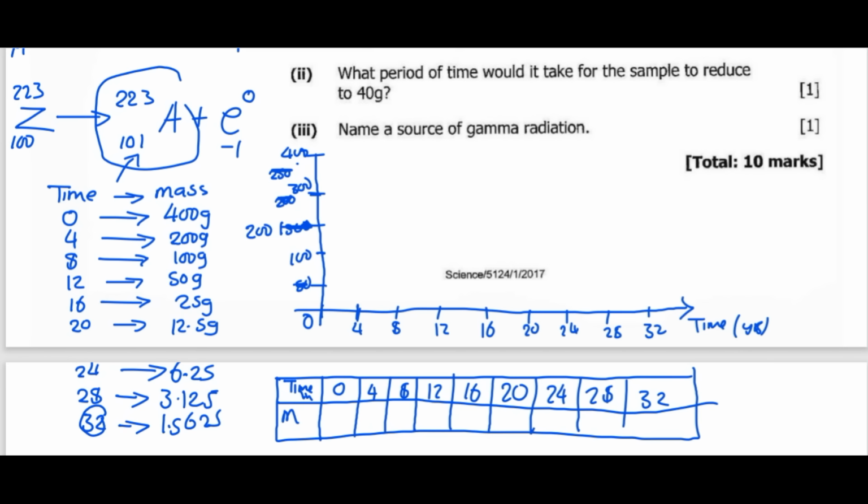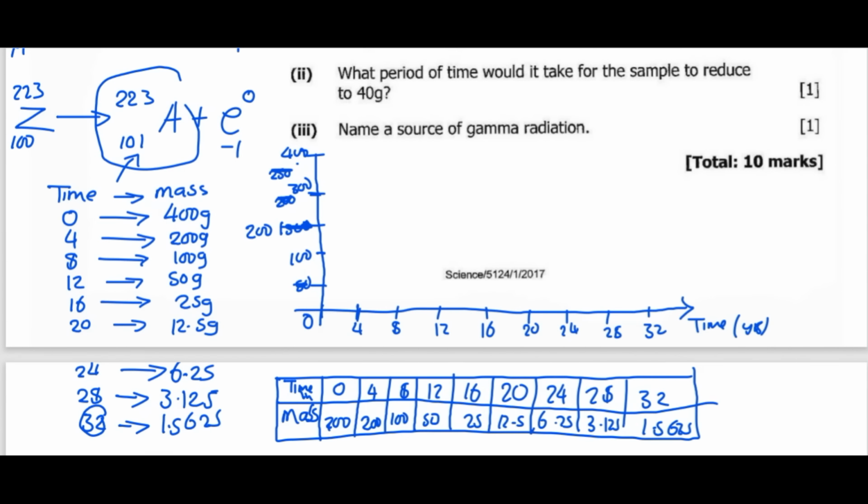Then we have mass: 400, 200, 100, 50, 25, 12.5, 6.25, 3.125, 1.5625.